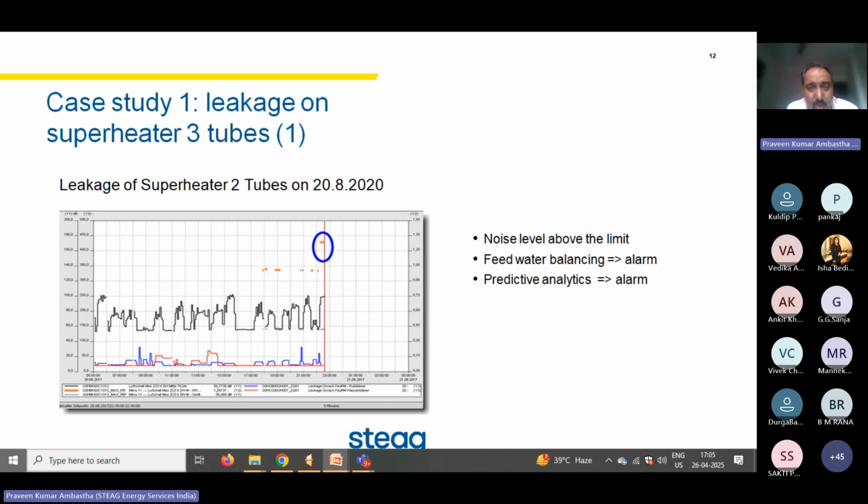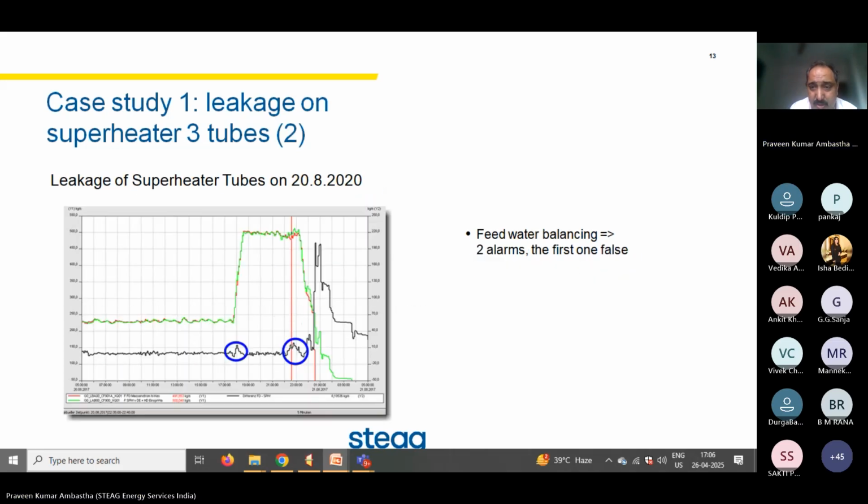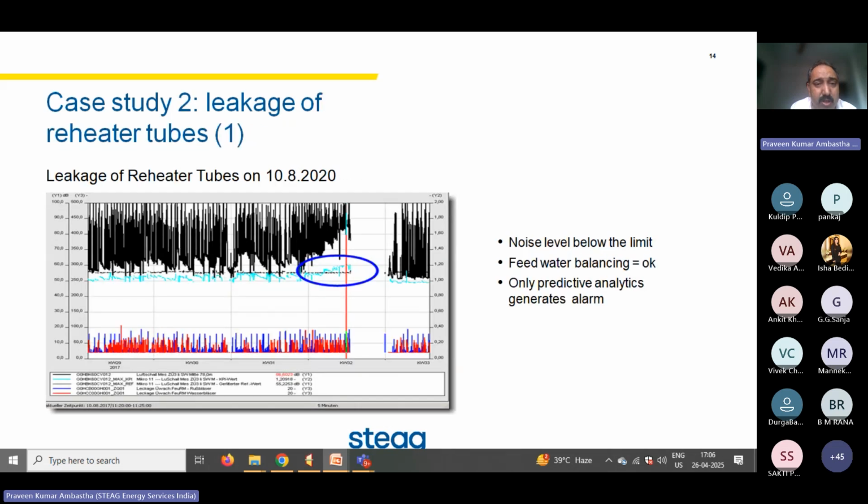Predictive analysis also, there was an alarm. Feed water balancing means there was a difference. Noise level was also above the limit. So noise level also gave the alarm, and so all three gave the alarm on 28th August. Feed water balancing has given two alarms. One was false, the second was true, the first was false.